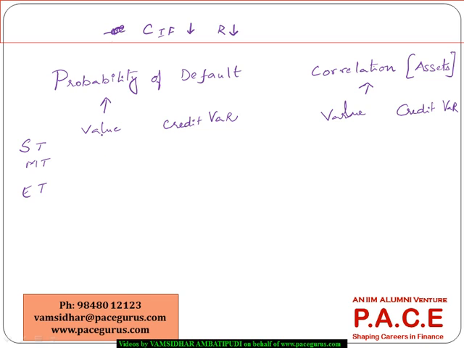If the chances of default are increasing, the value of all these tranches is actually coming down, because the actual cash flows are literally coming down. So the payments to each of these also will come down. So the risk is increasing, which will straightforwardly decrease the value of all the tranches in the same way.